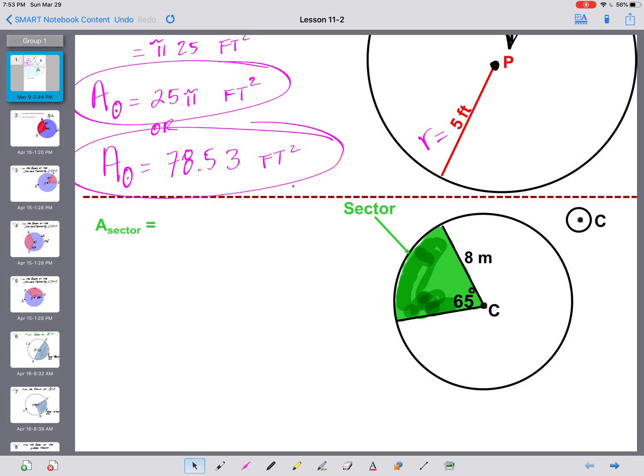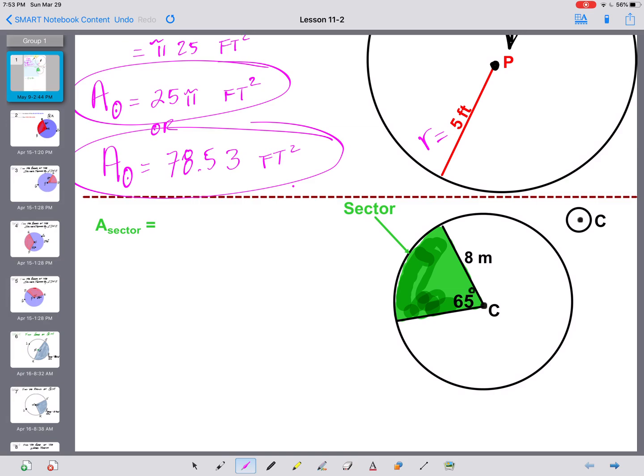First of all, the sector is a part of the area of the whole circle. Would you say that the sector is a fraction of the area of the whole circle? Yeah, I sure would.